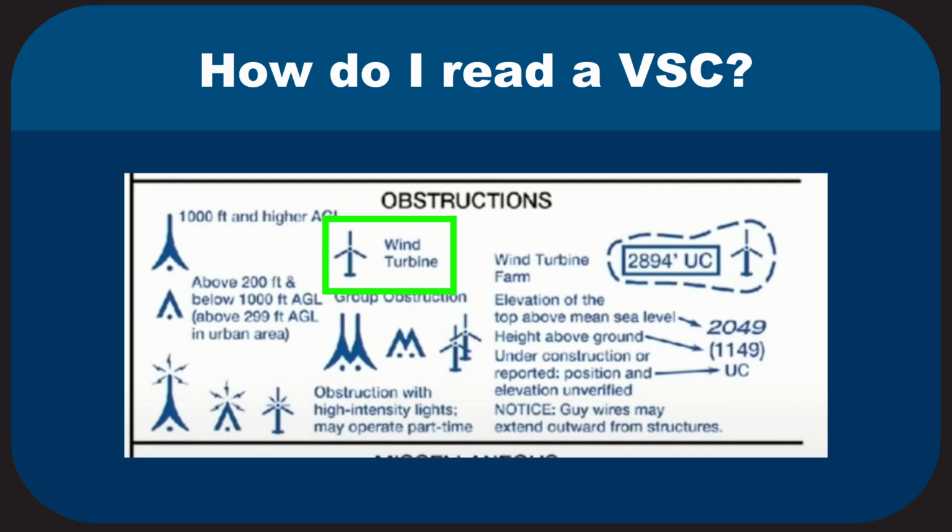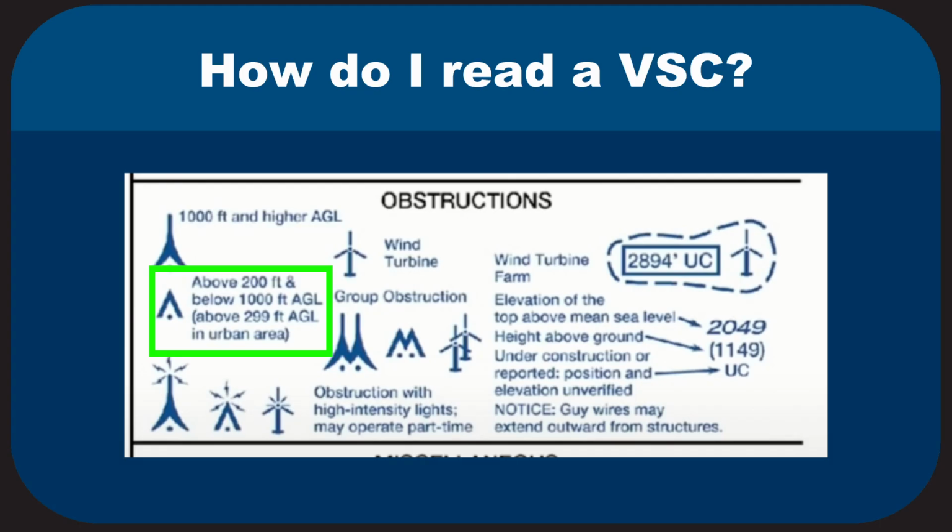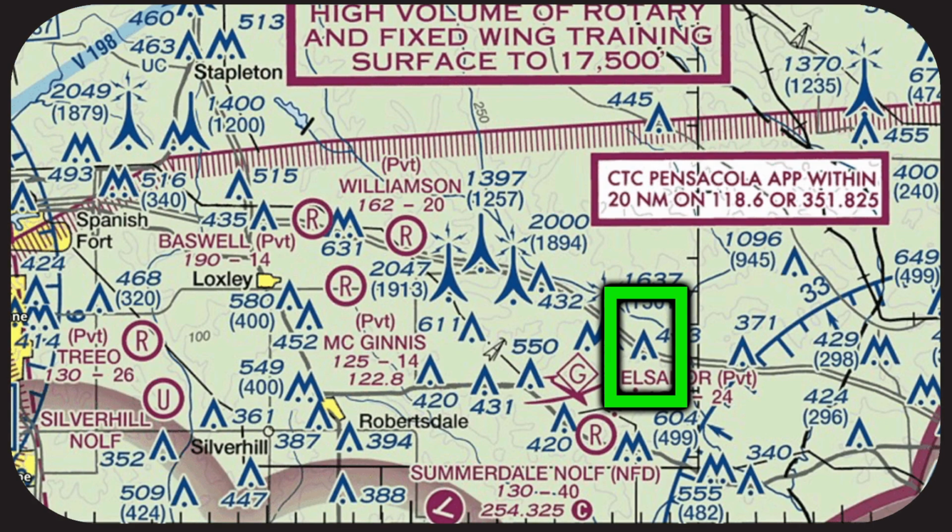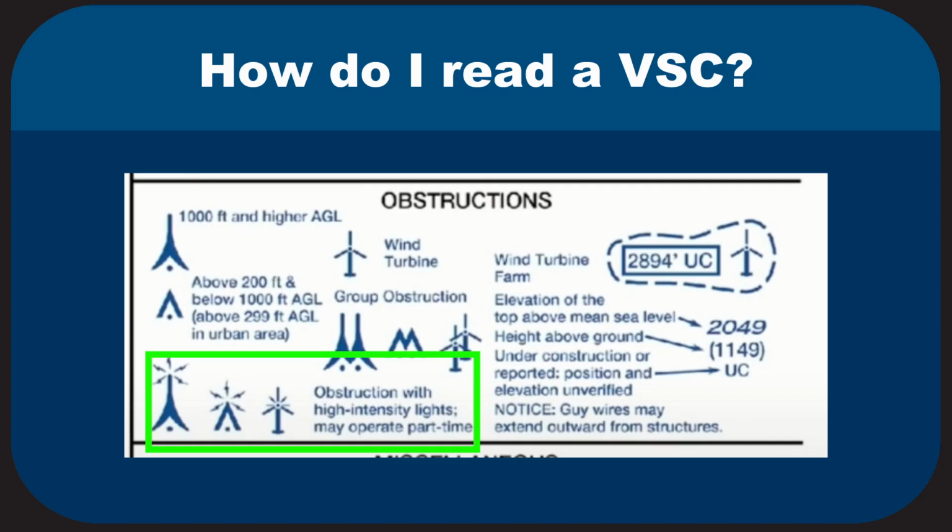The same principle applies to wind turbine obstructions. And objects above 200 feet and below 1,000 feet above ground level, or above 299 feet ground level in an urban area. You may be asked whether or not the obstruction is lighted.